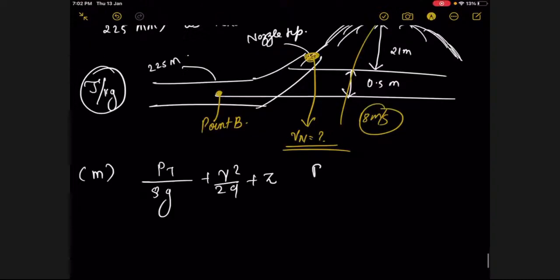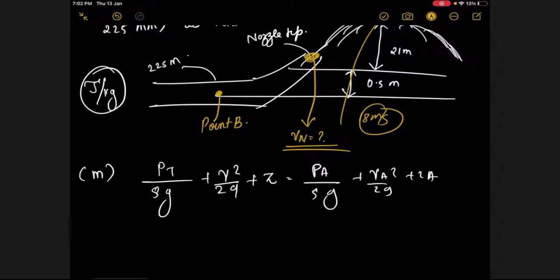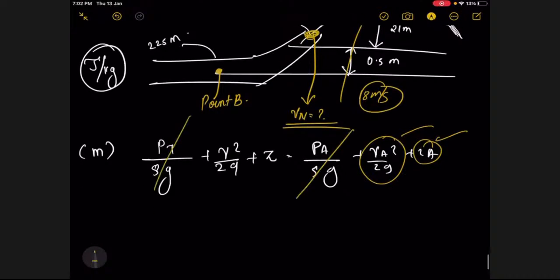Again here, pressure at point A, because there is no pump. Again rho g, velocity is given and za is given. So z is given, yes, this data is given. Both are open to atmosphere, so again these pressure terms are cancelled. So this is 0.